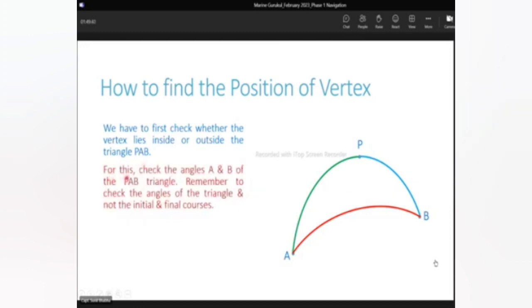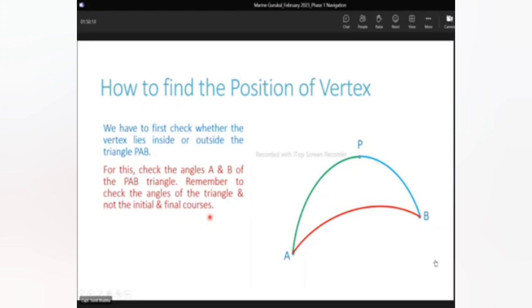Now to check this, first of all, check the angle A and angle B of the PAB triangle. Remember, when we did the initial great circle calculation, we obtained these two angles to find out the initial and final courses. So we have to have a look at these angles. Remember to check the angles of the triangle and not the initial and final courses.